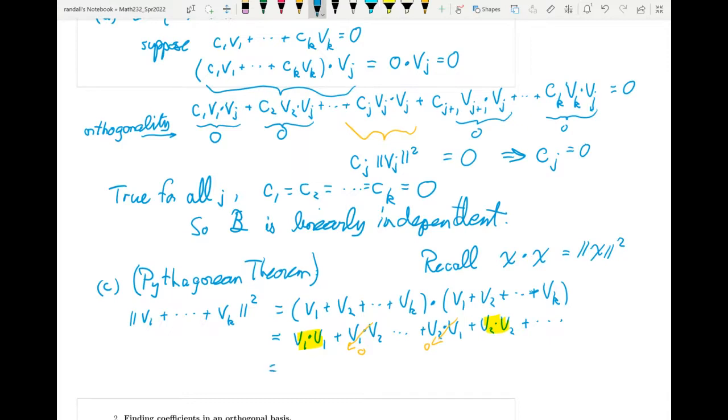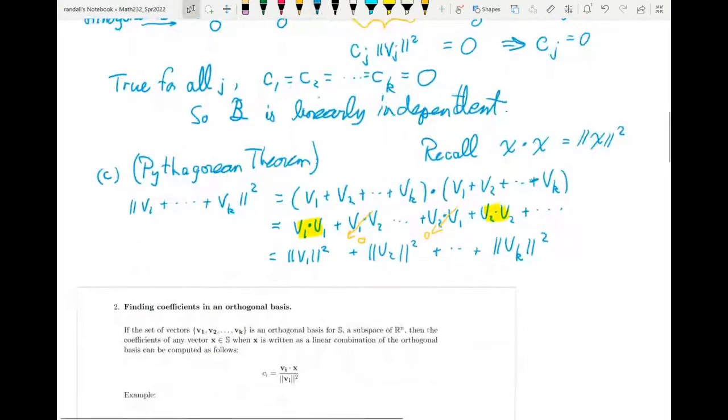So the only terms left are going to be v1 dot v1, which is the norm of v1 squared. The next non-zero term will be the norm of v2 squared, and then I'll get all the vectors coming out this way, their norms squared. So it's a kind of Pythagorean theorem because you're summing up perpendicular segments and looking at the line that joins them up, the norm squared.